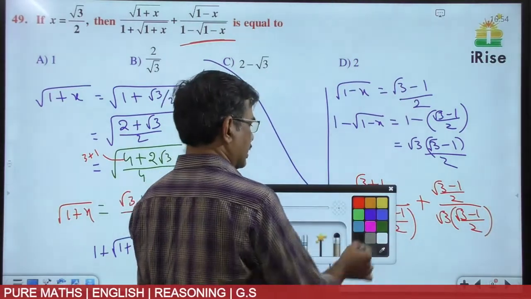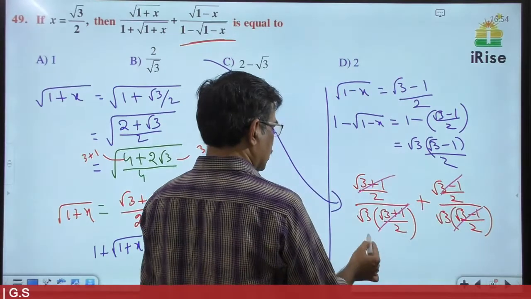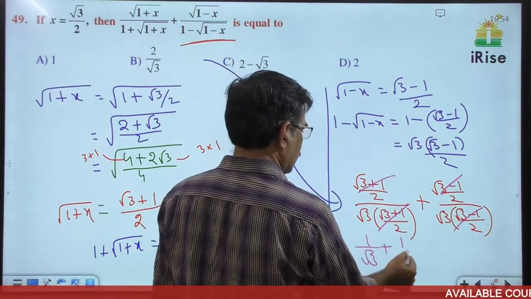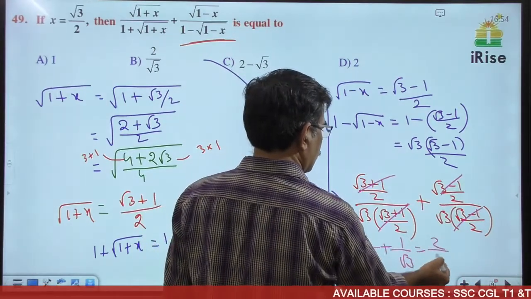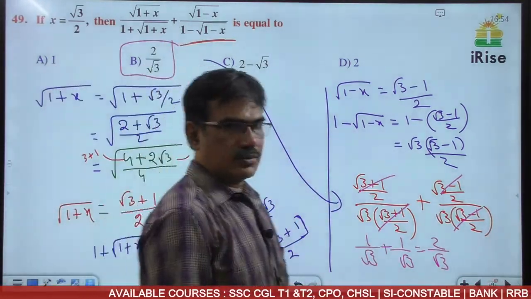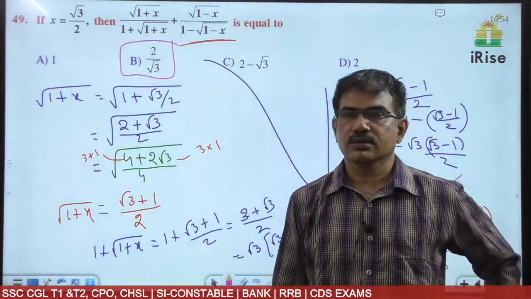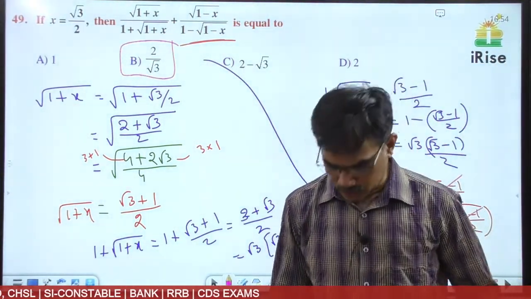Here these two get cancelled. Okay, this one and this one cancel. 1 by root 3 plus 1 by root 3 is the answer, which is equal to 2 by root 3. The answer is 2 by root 3. Okay, next question.